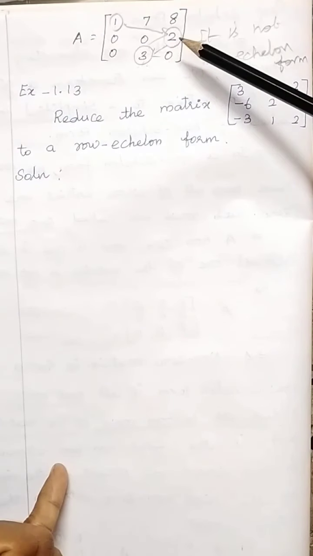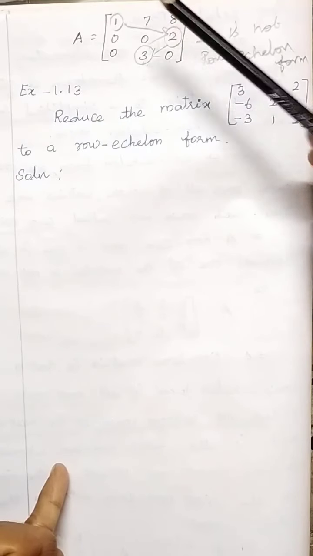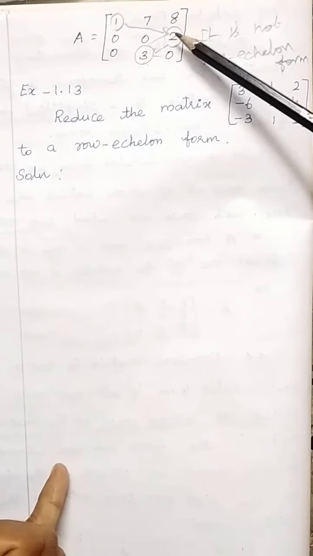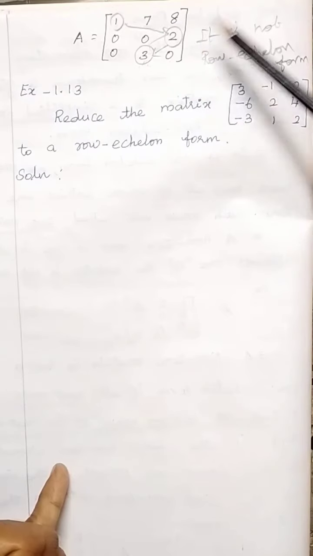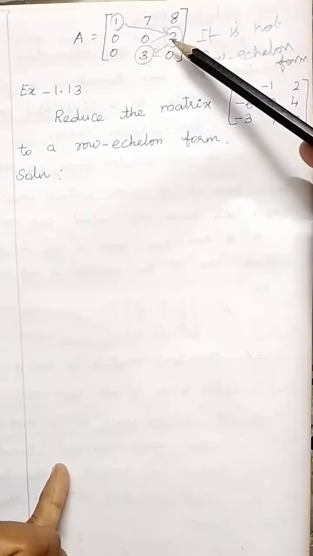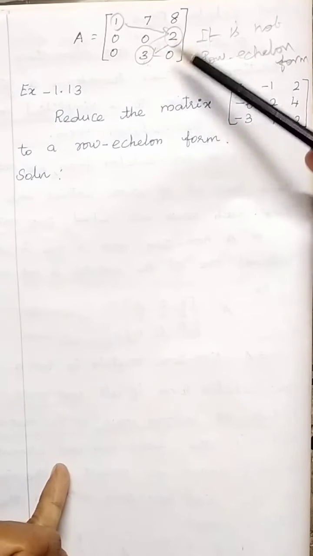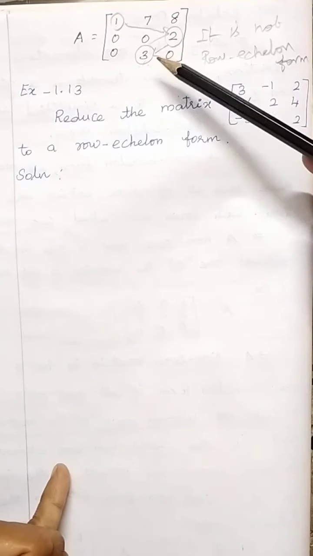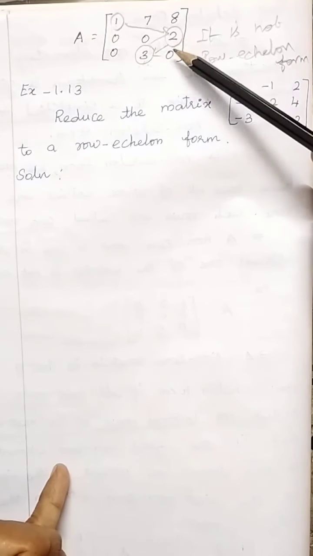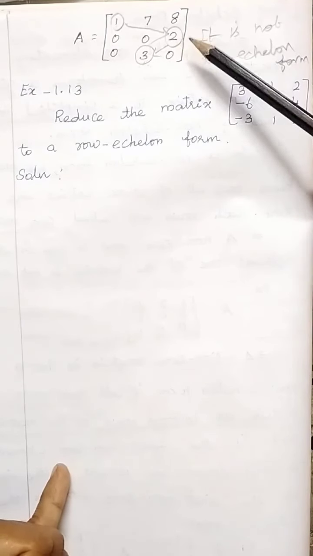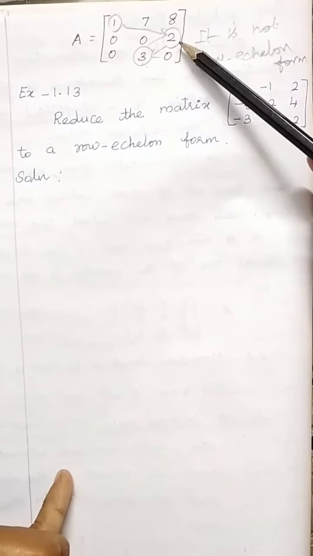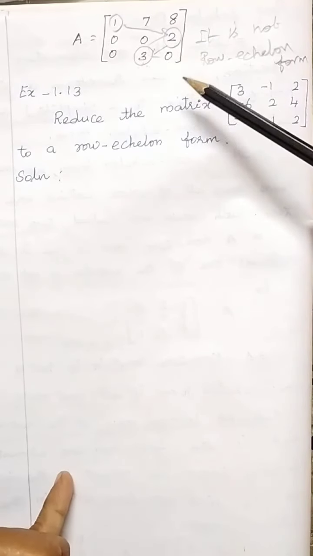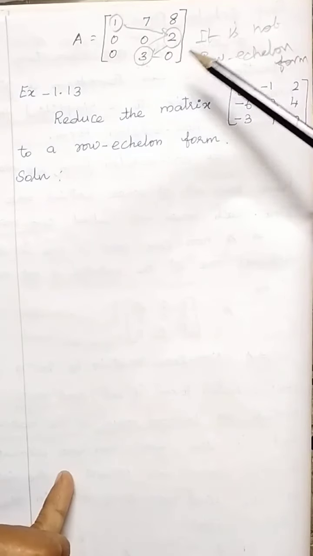If the second row non-zero element is to the right side of the first row non-zero element, our condition is satisfied. You check all the rows' non-zero entries, so our third row non-zero entry occurs to the right side of the R2 entry, which means this is a row echelon form. Otherwise it is not a row echelon form.